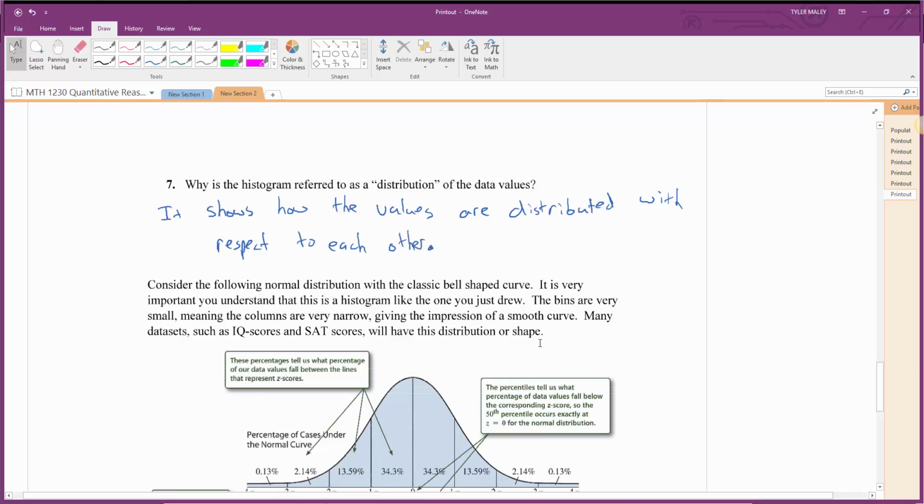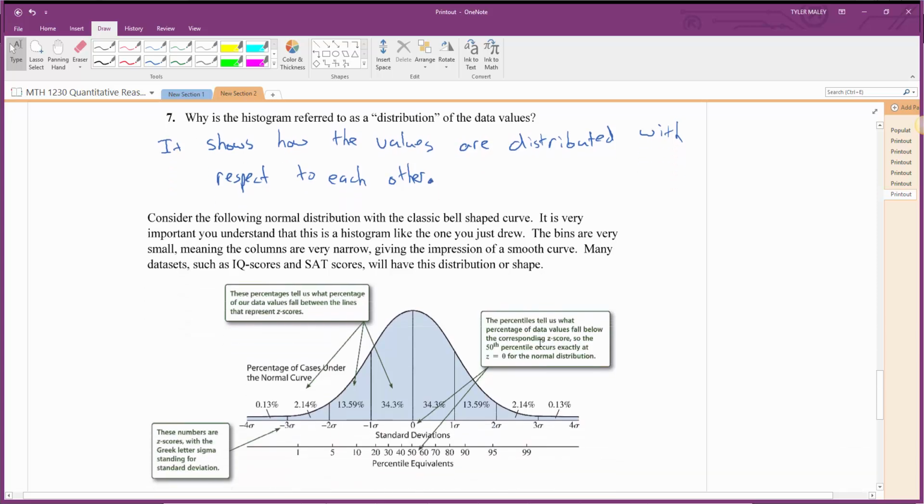Right? So that's why we refer to it as a distribution, because it can show how the values are distributed with respect to each other.